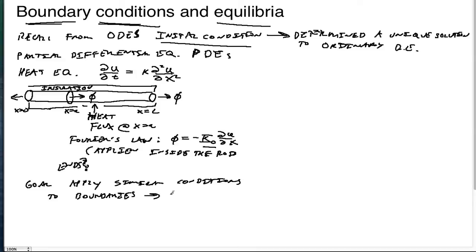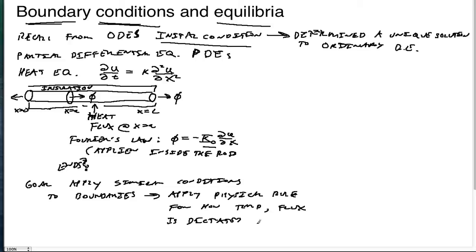And that is, we're going to apply a physical principle, a physical rule for how temperature or the flux, the thermal flux, is dictated at the boundary, and that means x equals 0 and x equals L.